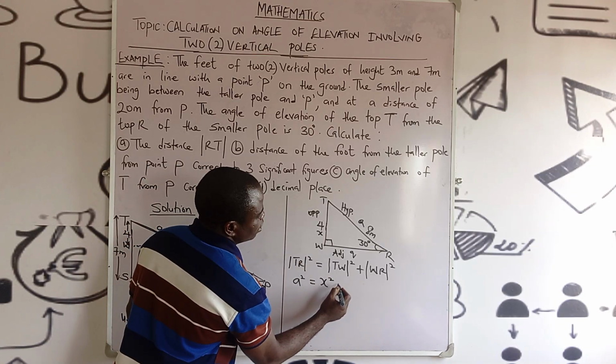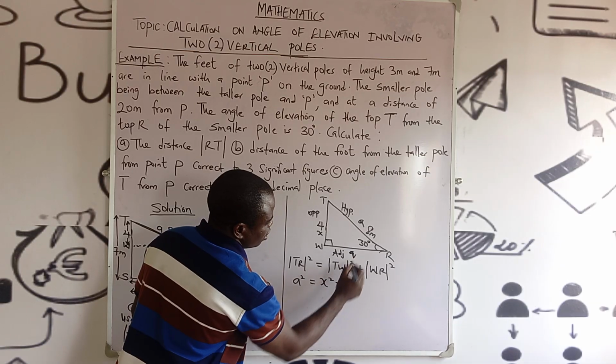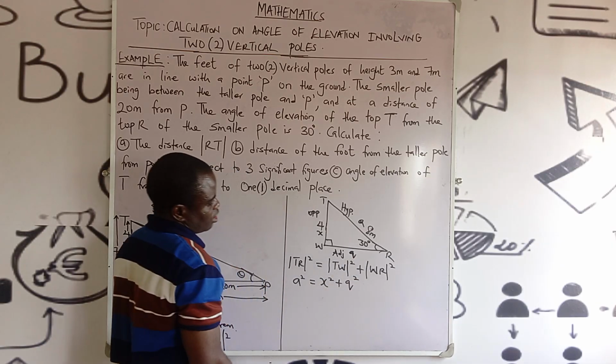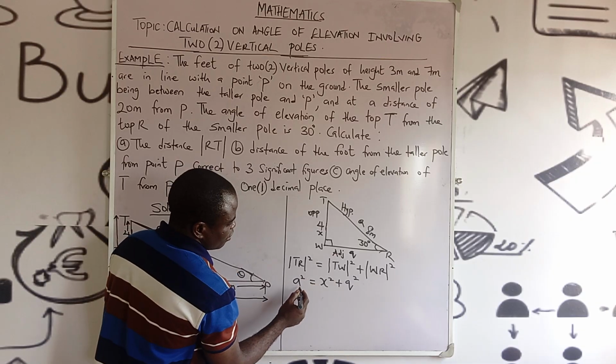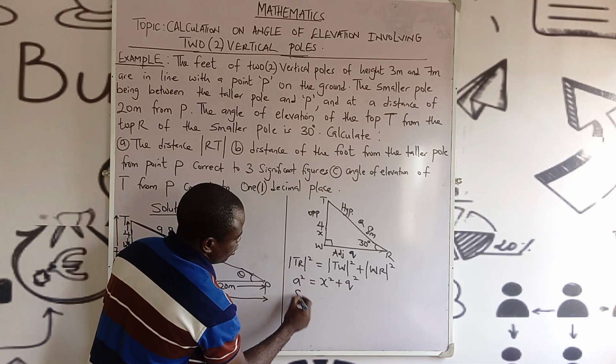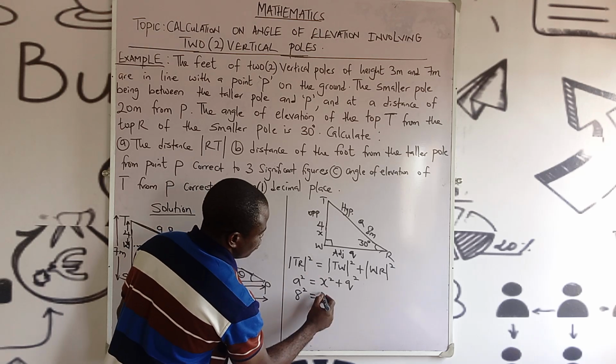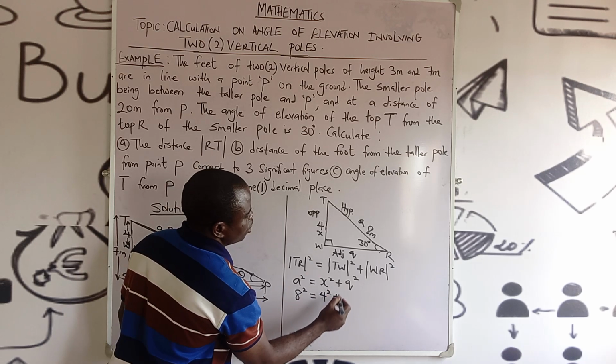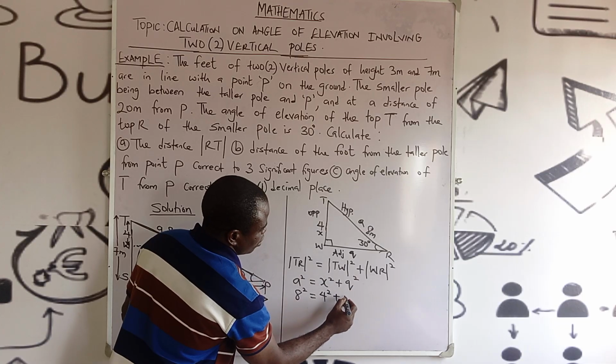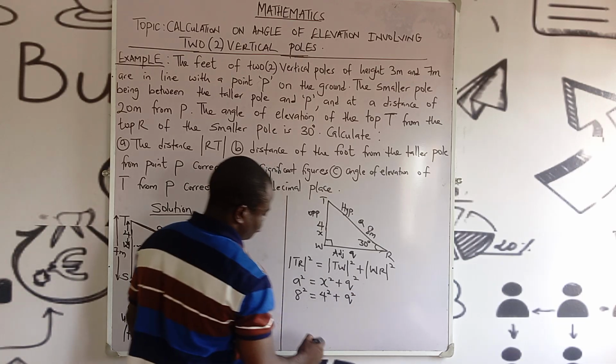That's X squared plus, use any letter, Q squared. Now let's represent what we have as numbers. We have 8 squared equals, what's our X? That's 4, 4 squared plus Q squared. That's what we need, Q squared.